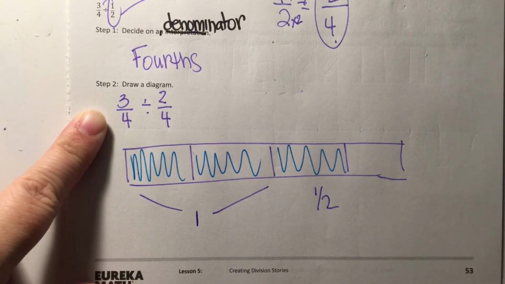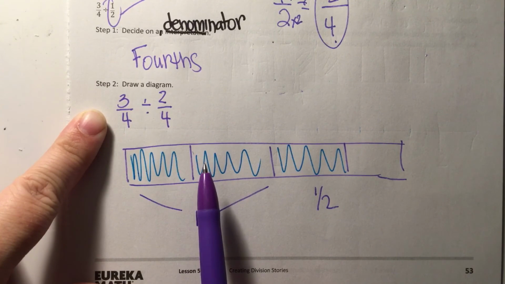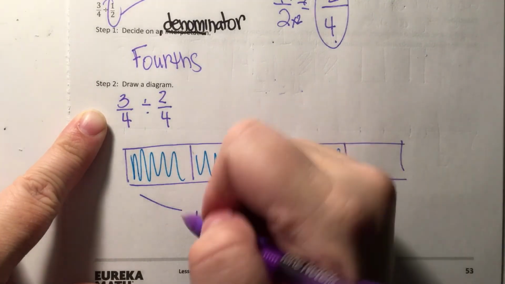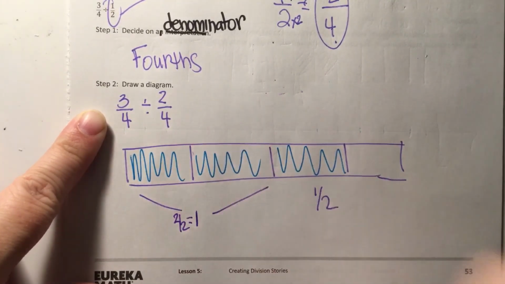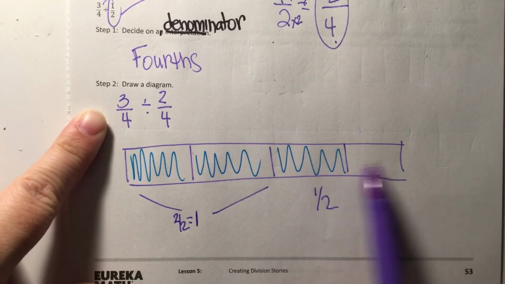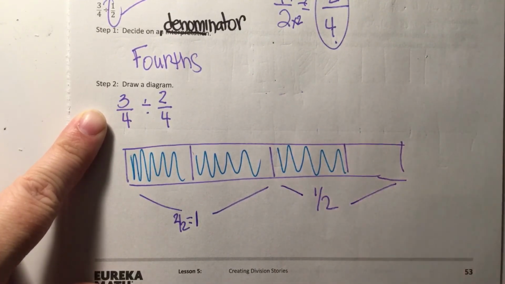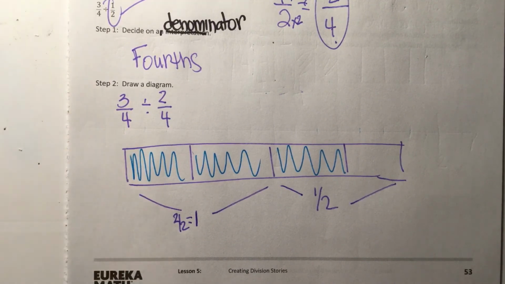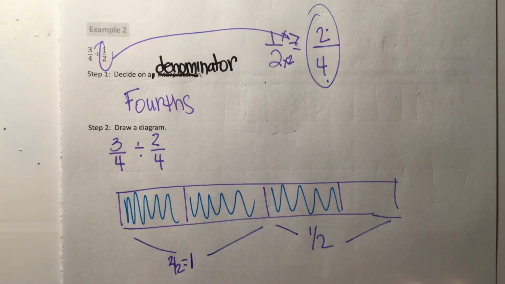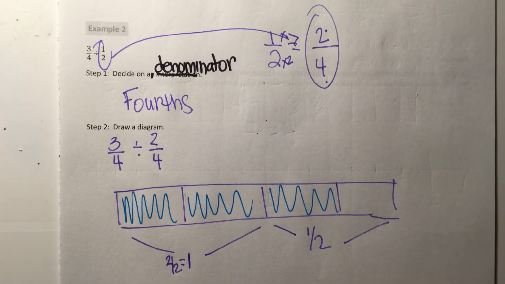Everyone with me? So you have 1 whole here. You have 2/2, which is 1. You have 2 out of 2 pieces, which is 1. And then you have 1 out of 2 pieces here. So realistically, I can only feed 1 person. Go ahead and pause and copy, and we'll move on to the numbers.